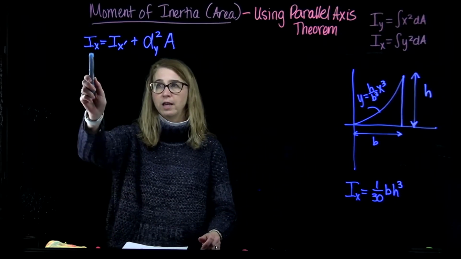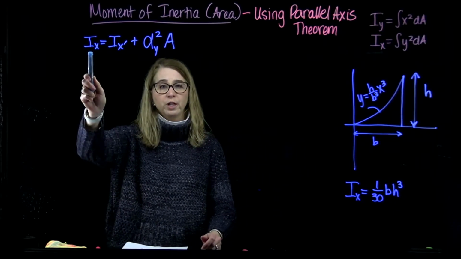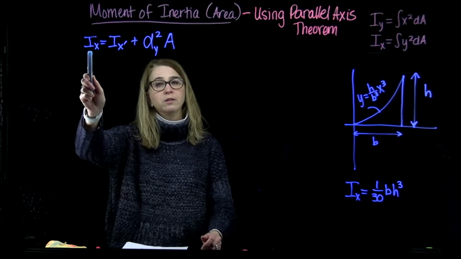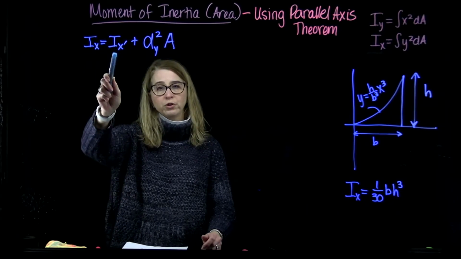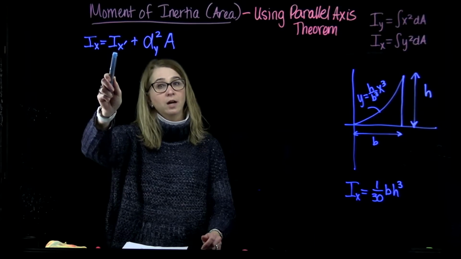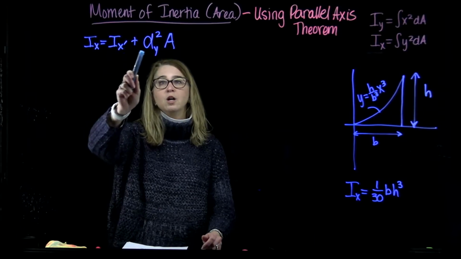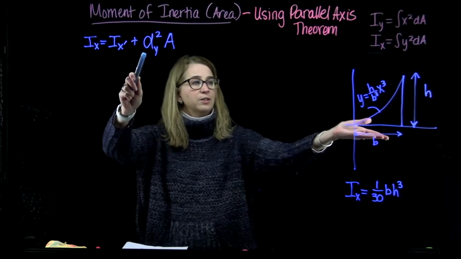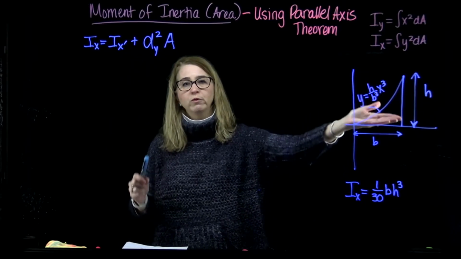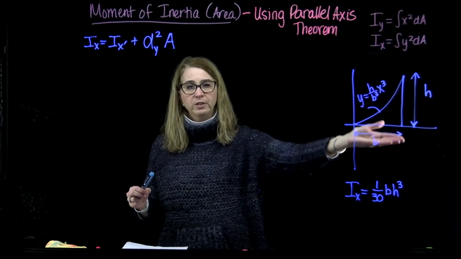The idea is that our new moment of inertia, where the x-axis is not passing through the centroid, is equal to the moment of inertia where the x-axis does pass through the centroid, plus another term that talks about how the axis has been moved. For the x-axis, the axis would be moved in the y direction to stay parallel.